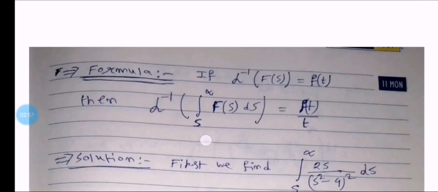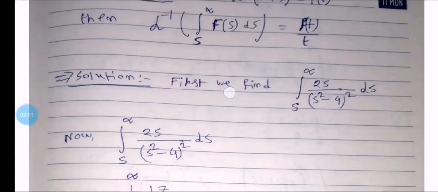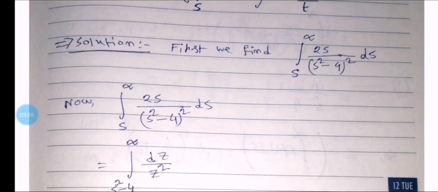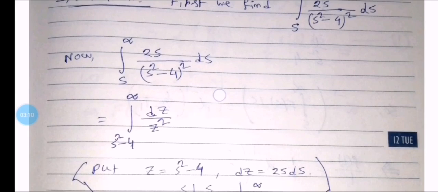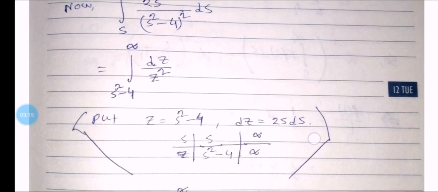For that, first we need to find integration s to infinity F s ds. So integration s to infinity, here F s is 2s by s square minus 4 whole square into ds. So we will put z equal to s square minus 4. So dz we can write as 2s ds.